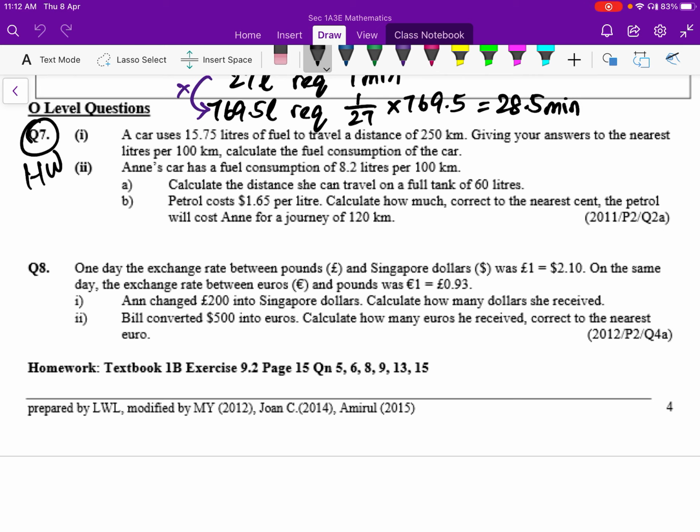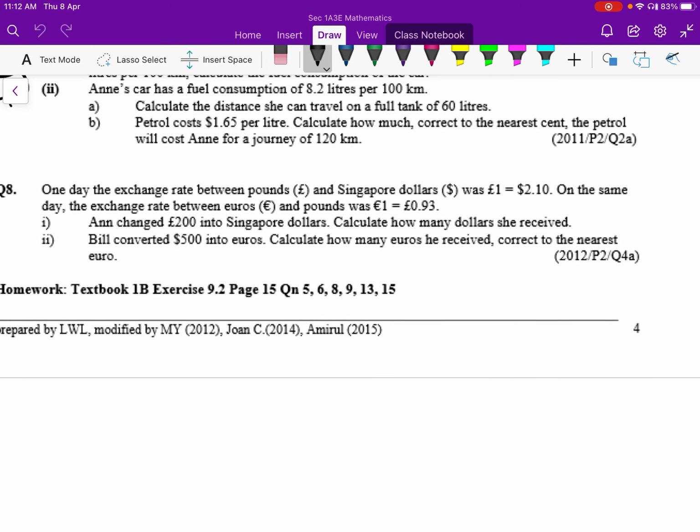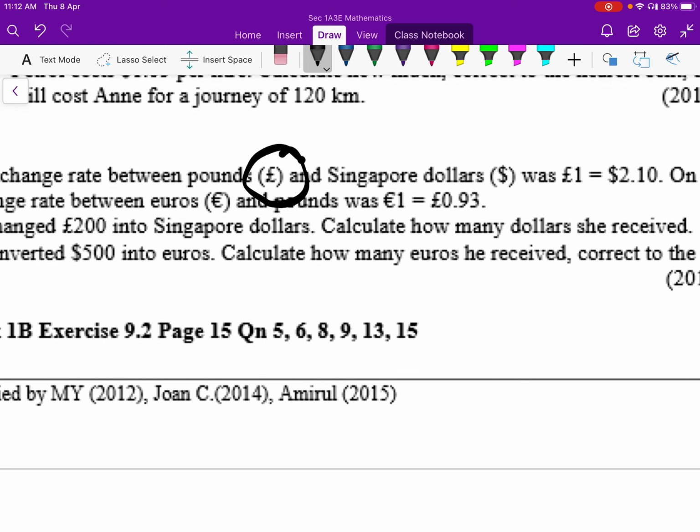Okay, so we need to learn about exchange rate. When we go overseas, they're not going to be using Sing dollars. They are going to be using their own local currency. So you need to go to the money changer, you need to exchange money. The exchange rate between pounds. Okay, so this symbol, do you know how to write it?